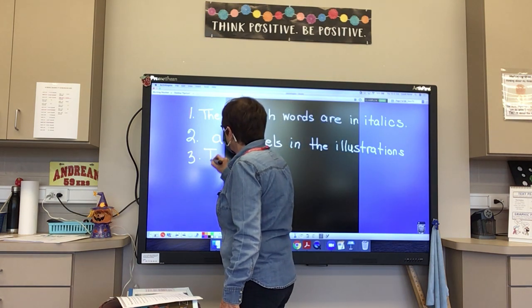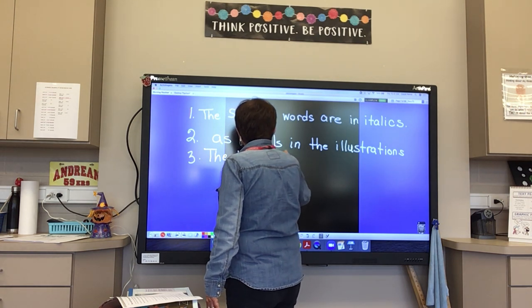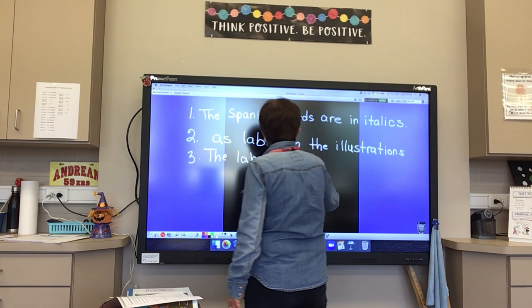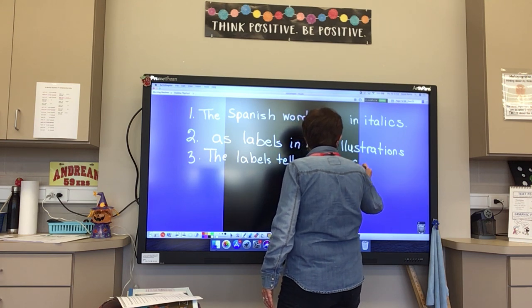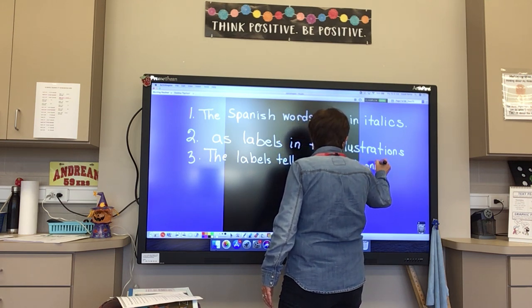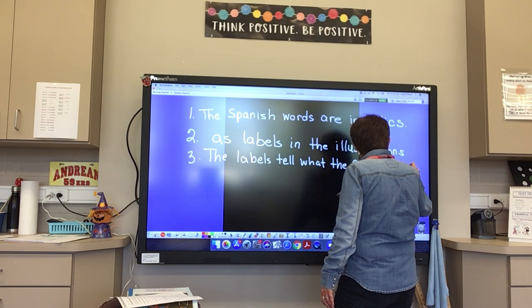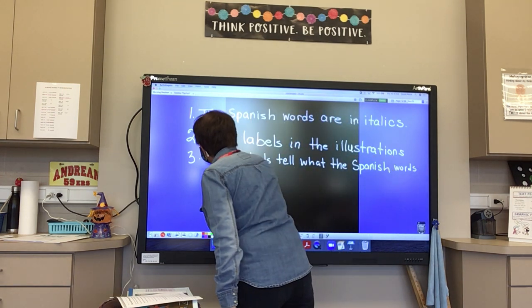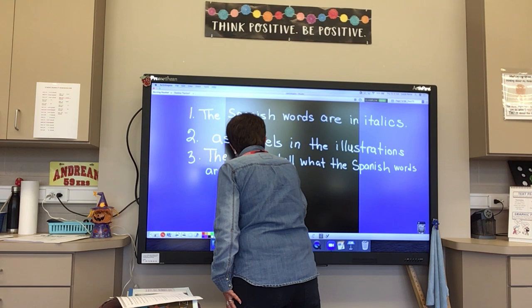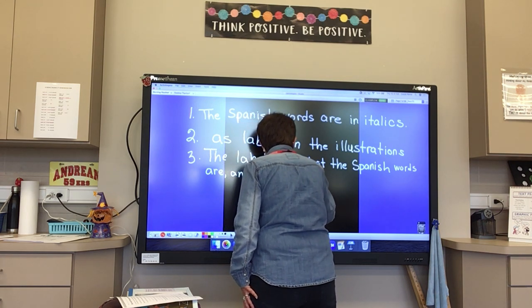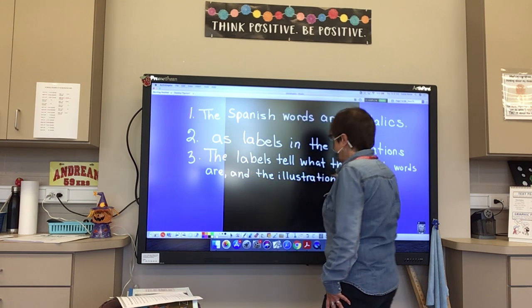The labels tell what the Spanish words are, because they use the Spanish word in the text, and the illustrations show what they mean.